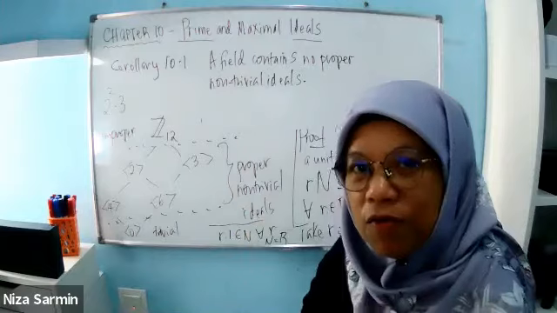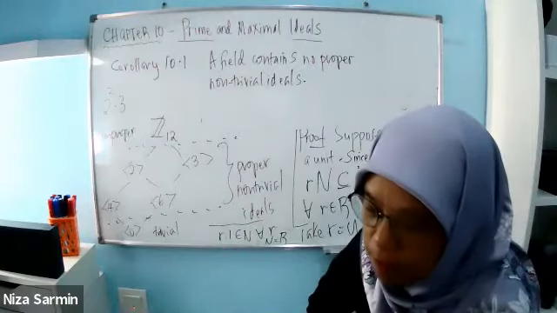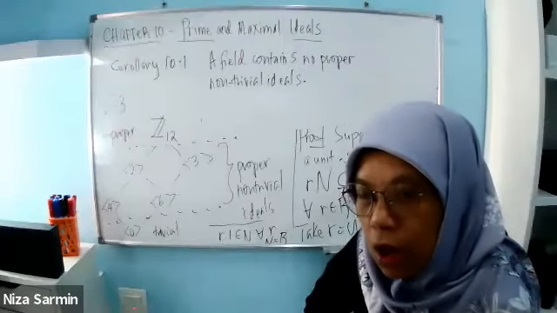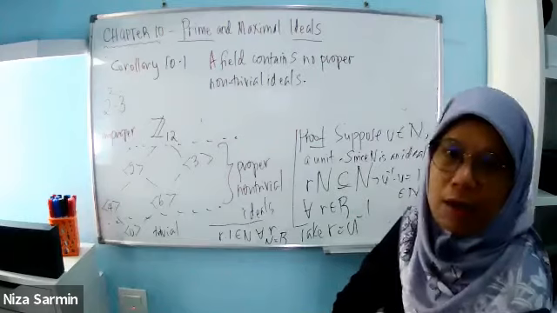What does it mean by a field? The ideals in a field are just the field itself and the zero ideal. How do you define a field?